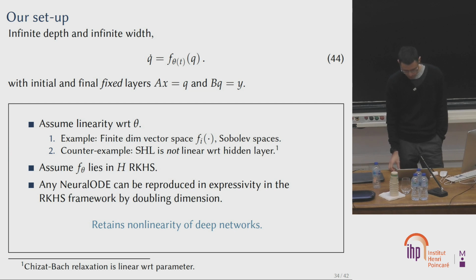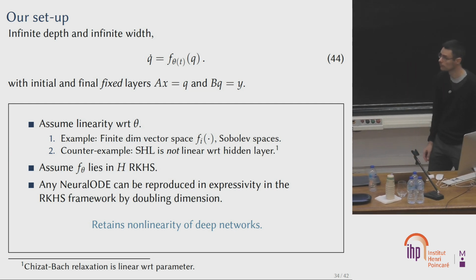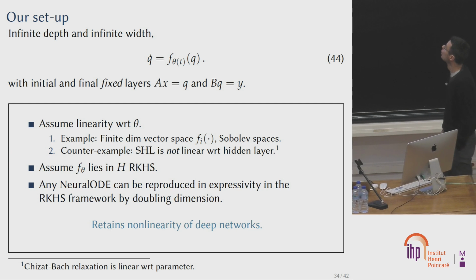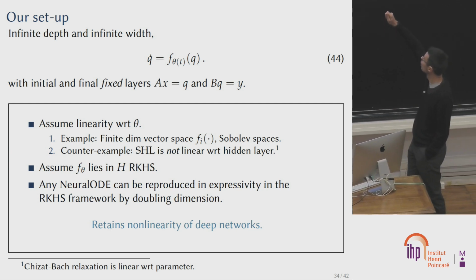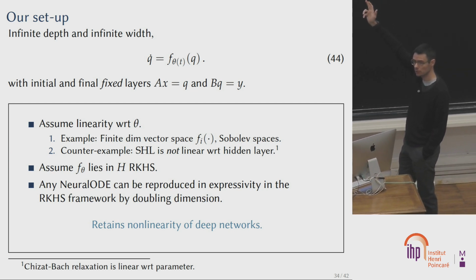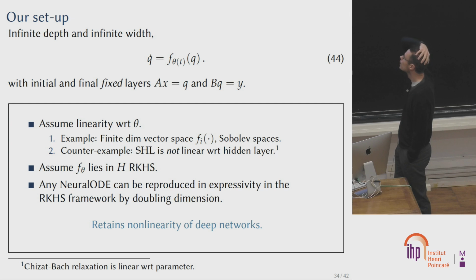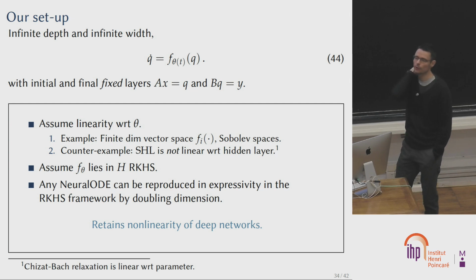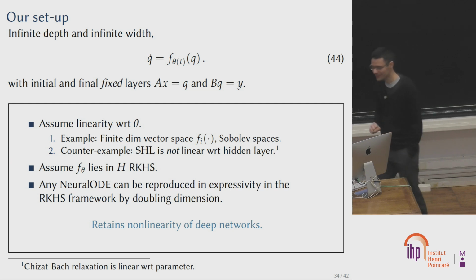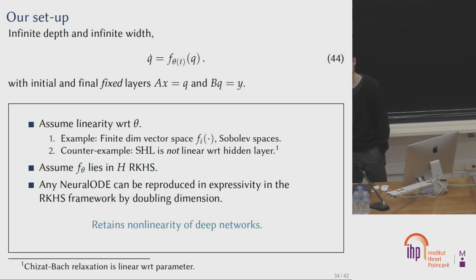So the setup we are going to look at is the following one. You have a simple ordinary differential equation, q dot is equal to f theta of q. At the beginning, we precompose by A, a linear map, and we postcompose by B, another linear map. We assume, and this is the important assumption, linearity with respect to the parameter. You may say, oh, it's going to be super restrictive.